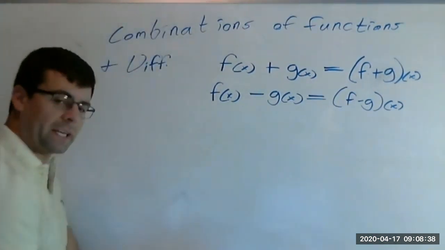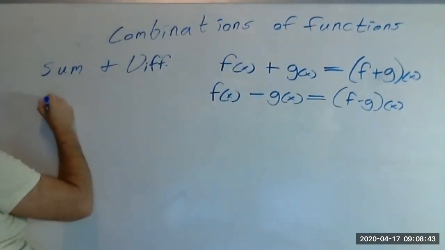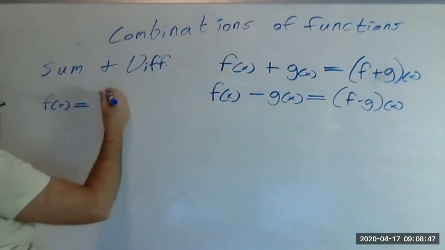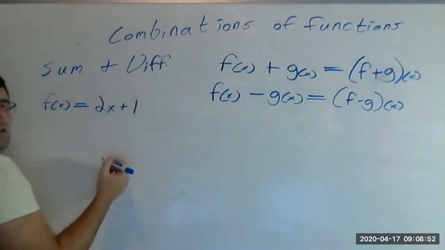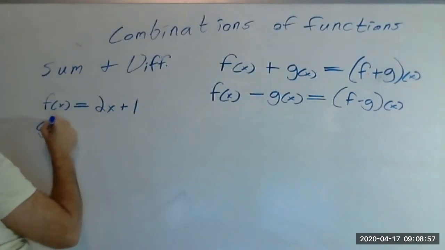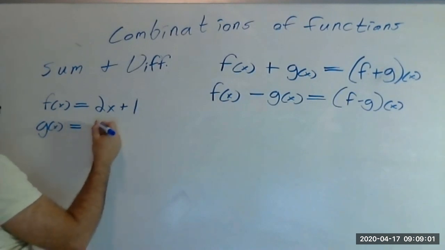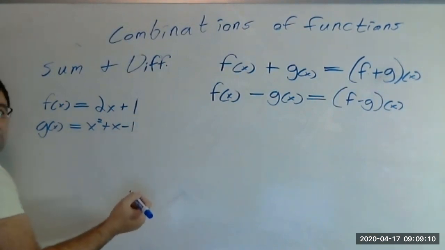Nothing crazy or spectacular going on. Let's say that f of x equals 2x plus 1, and g of x equals x squared plus x minus 1.